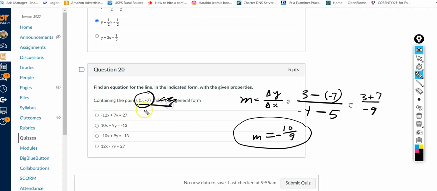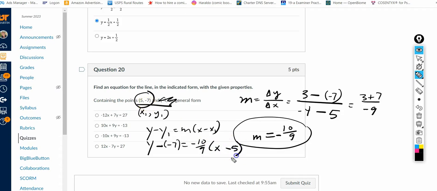So this is going to be what I call x1, y1. And I can use the form y minus y1 is equal to the slope times x minus x1. So y minus -7 is equal to the slope, which is -10/9, times x minus x1. Okay, so I get y plus 7 is equal to -10/9 x.